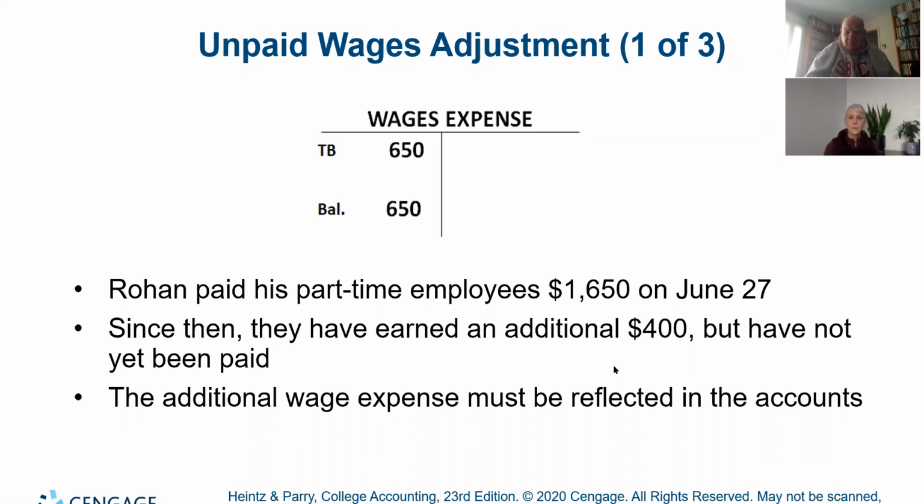So that money that you earned, that $400, you worked on June 30th, that $400, you're going to get paid in July, but when did you work? In June.